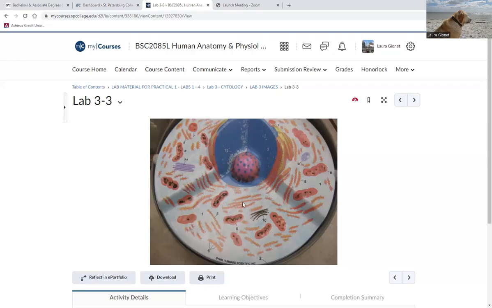Here we have the rough endoplasmic reticulum. They look like little worms or caterpillars. Let's say I used number 5 here, at about 3 o'clock. Identify that entire organelle. You would say rough endoplasmic reticulum. I could ask you to identify the function of that entire organelle.